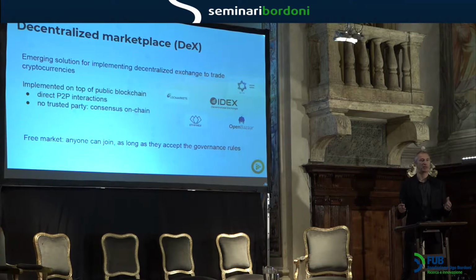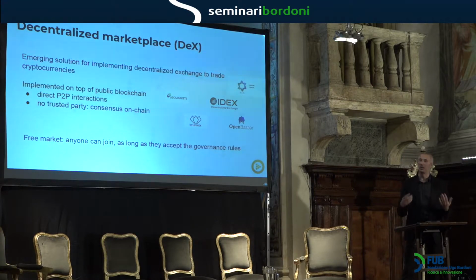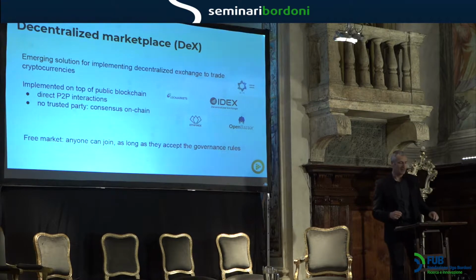If you're looking for an apartment on Airbnb, you will find a provider and a consumer. Here the idea is that we want to do the same thing. Of course, it's a marketplace, so the matchmaking still exists, but we don't want to go through Uber or whatever. We want to establish some sort of decentralized protocol so that people can do business together. And why do I think this is important?